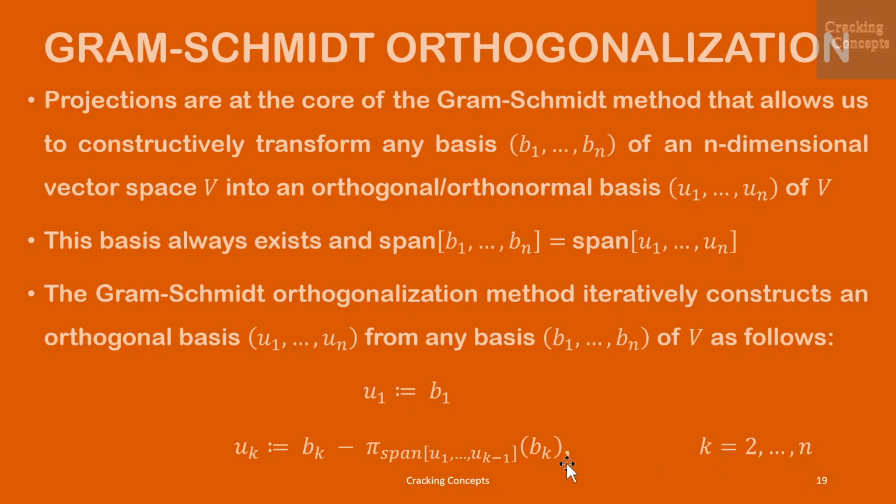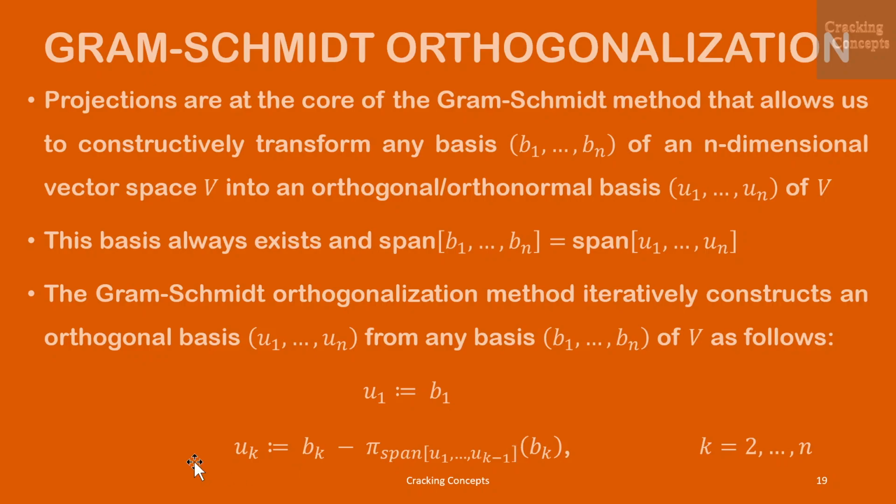In this equation, the kth basis vector bk is projected onto the subspace that is spanned by the first k minus 1 constructed orthogonal vectors u1, etc., uk minus 1.